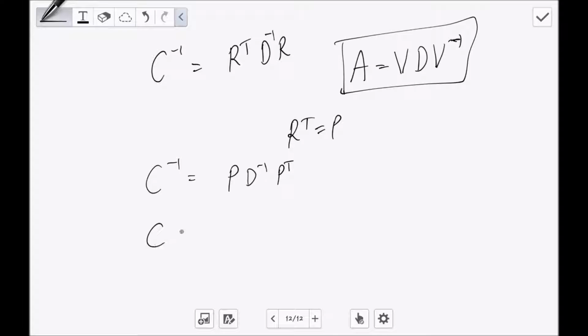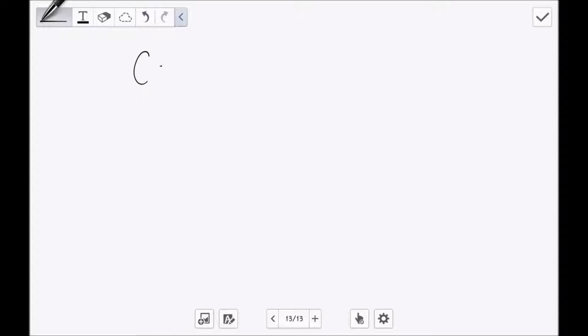Now if I invert this, C will become P D P transpose. Do you get that? Yes. And this was the form we had for our covariance matrix. Now I have C as P D P inverse. Okay.